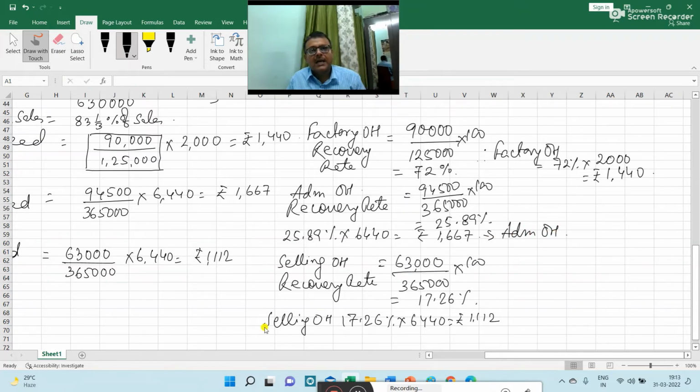So either you can calculate the amount of factory overhead, administration overhead, selling overhead as well as distribution overhead by calculating the recovery rate first, and then you apply that rate on the cost that is given. That is, the factory overhead recovery rate is calculated as a percentage of wages. Administration, selling and distribution overhead is recovered as a percentage of works cost. So either of these two processes you can follow.